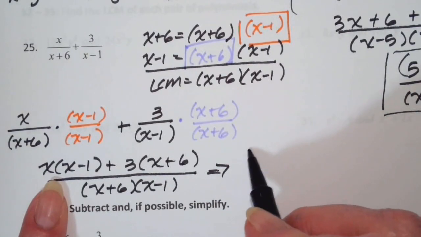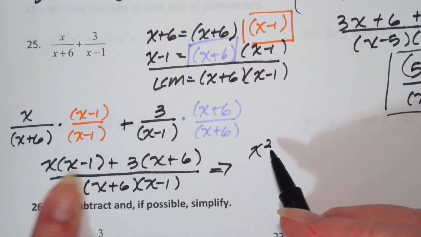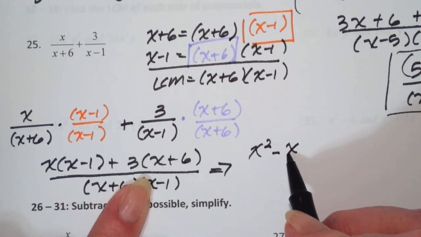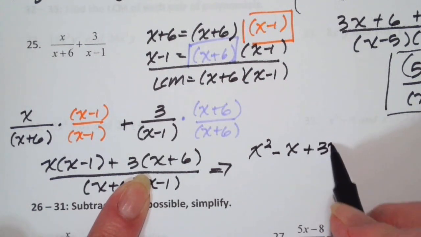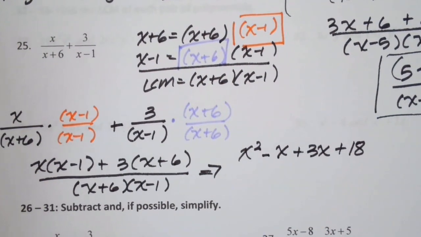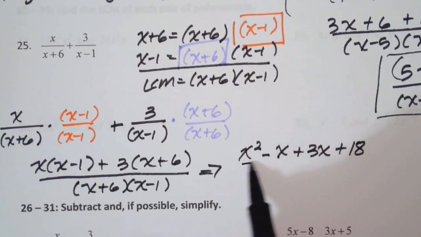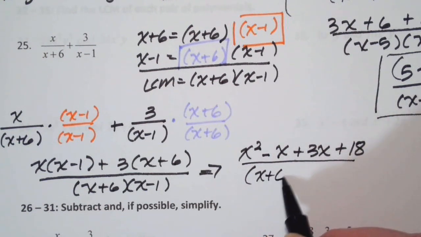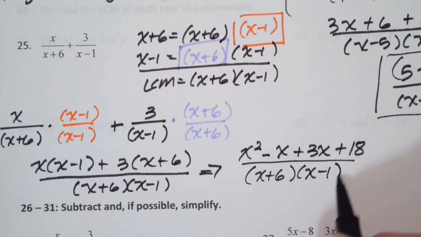So when I distribute, I get x squared minus x plus 3x plus 18 divided by x plus 6 times x minus 1.